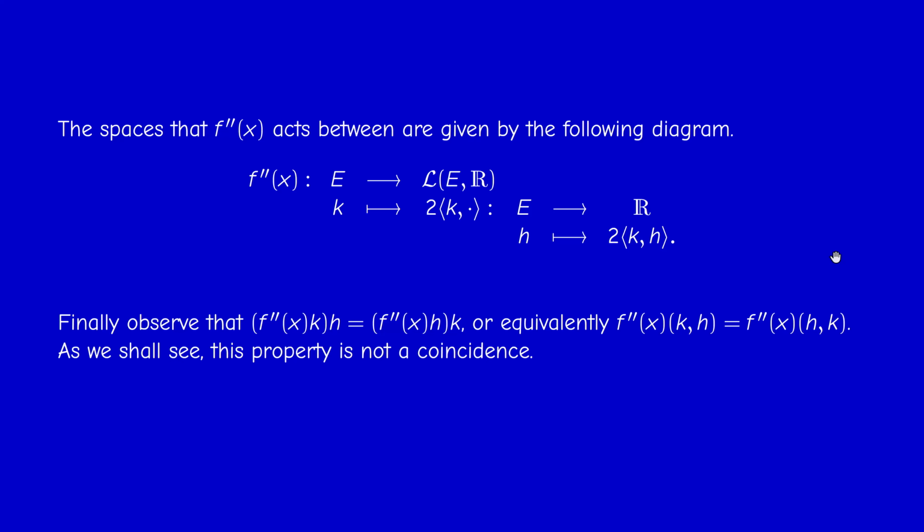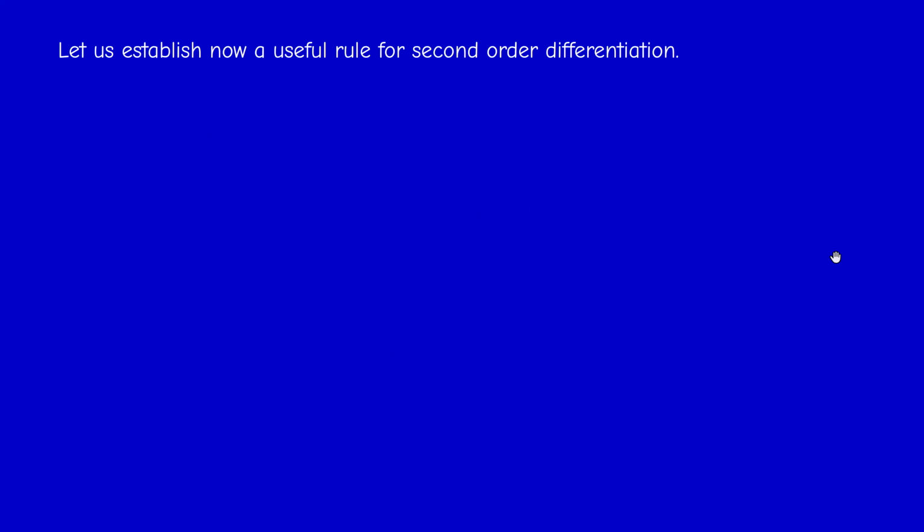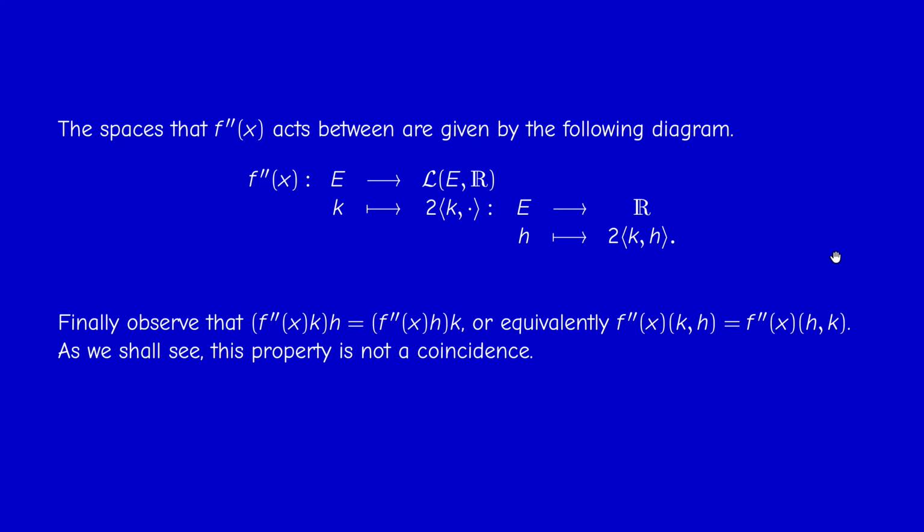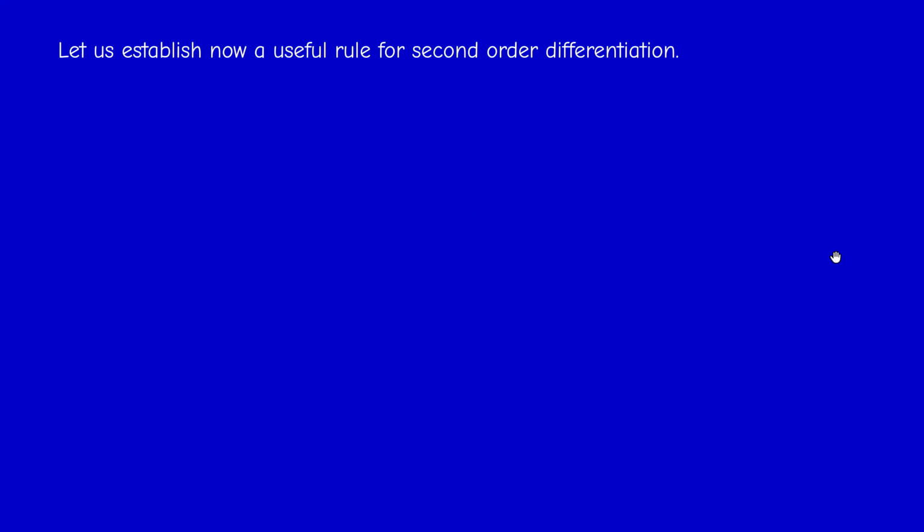This is a general theorem that we shall prove in the next video. Okay. But before moving to the proof of this proposition, let us establish a very useful rule for second order differentiation. So I illustrated how to compute second order derivatives in a simple way.